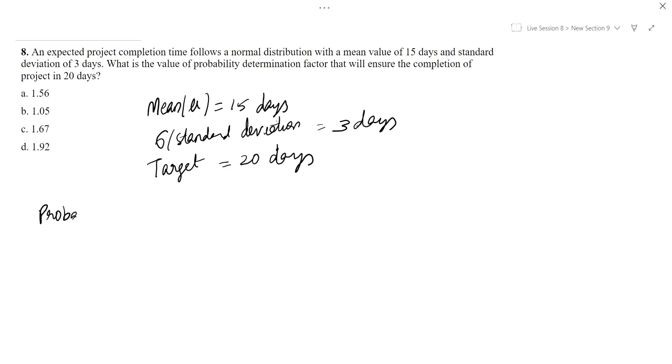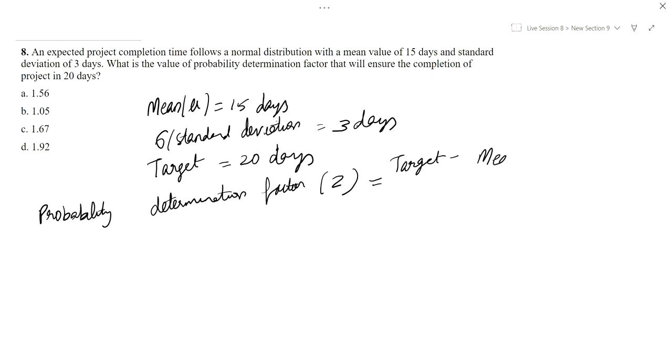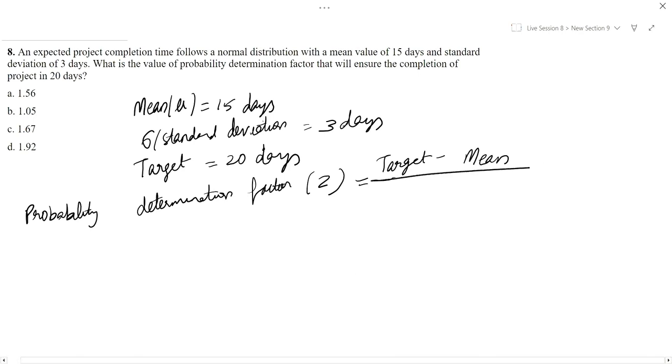The probability determination factor Z is equal to target minus mean by standard deviation.